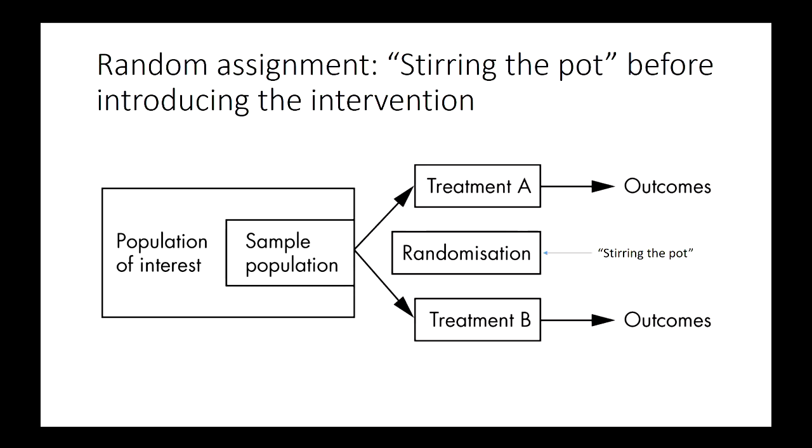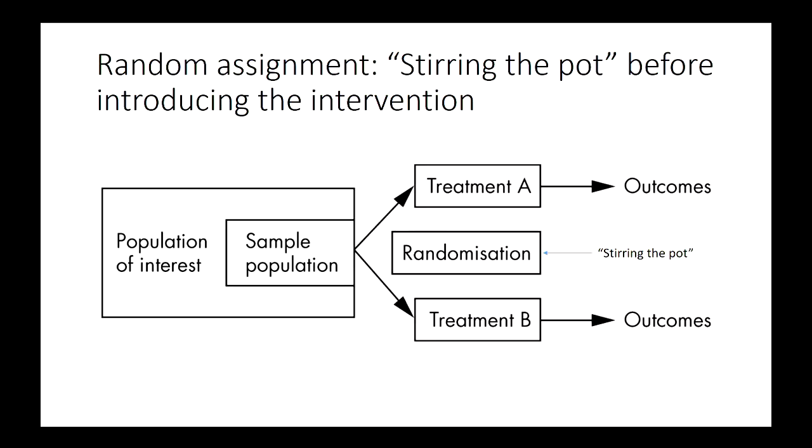Random assignment essentially means that every individual in this sample has an equal chance of being either in this group or in this group. If it's not random assignment, then let's say men will have more chance of being in this group than in this group.